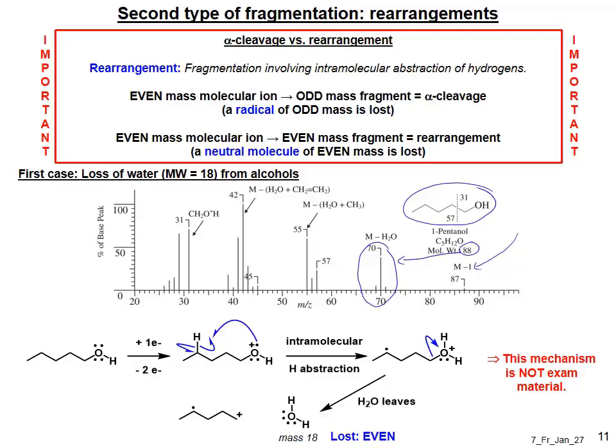Well, as you would expect, when you ionize this molecule, you're going to first remove one of the electrons from the electron pairs on oxygen to form a radical cation.